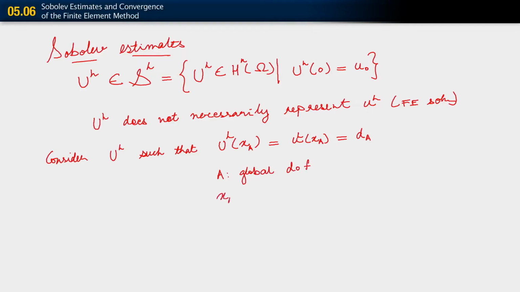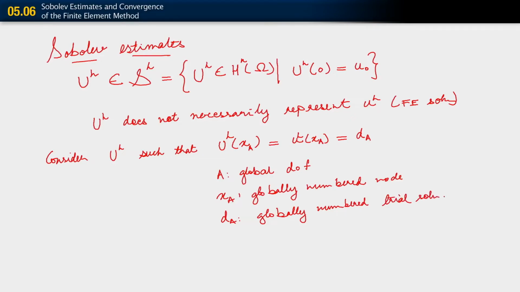And this then implies that xa is a globally numbered node, and dA is a globally numbered trial solution degree of freedom, right, or finite element solution degree of freedom. Okay, all of that should be clear.